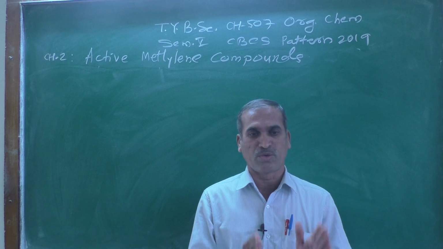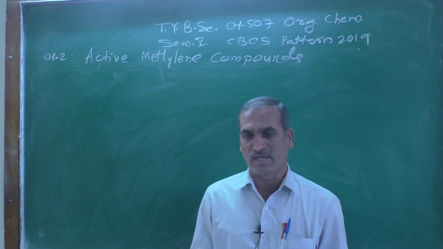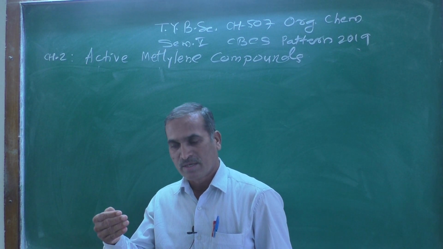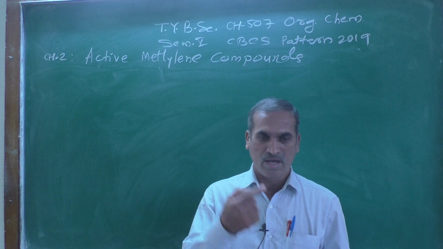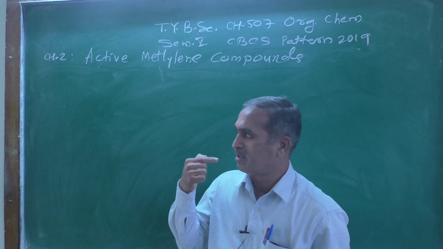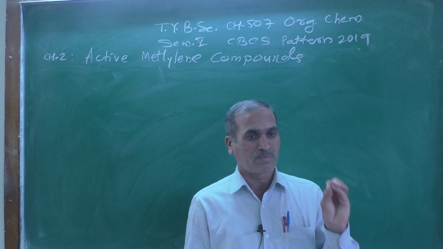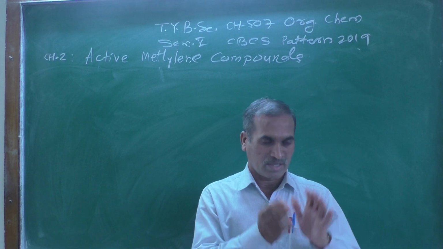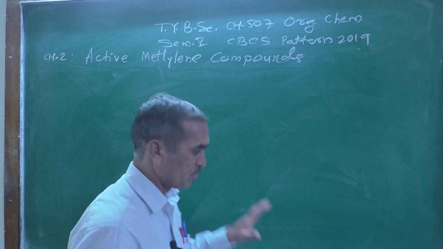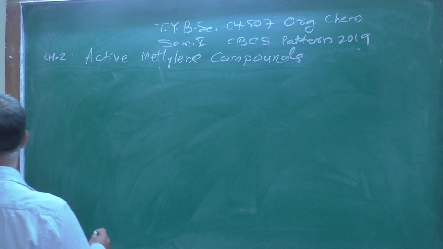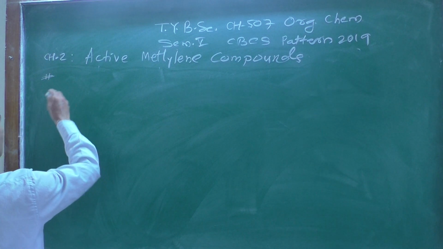Now first we are going to discuss why this compound is called an active methylene compound, how it is prepared in the laboratory, what the starting material, suitable reagent, and appropriate conditions are for the synthesis of diethyl malonate. First, let us see the synthesis of diethyl malonate.